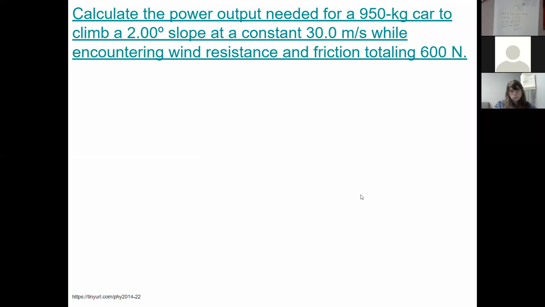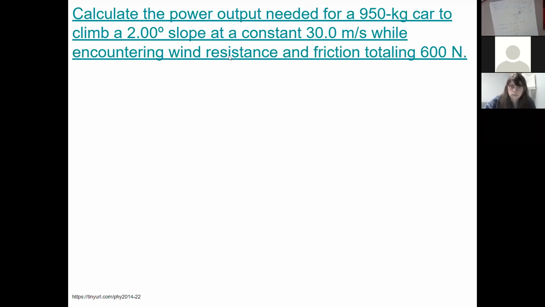Now let's take a look at this example here. It says calculate the power output needed for a 950 kilogram car to climb a 2.0 degree slope at a constant speed of 30.0 meters per second, while it encounters wind resistance and friction totaling 600 newtons.